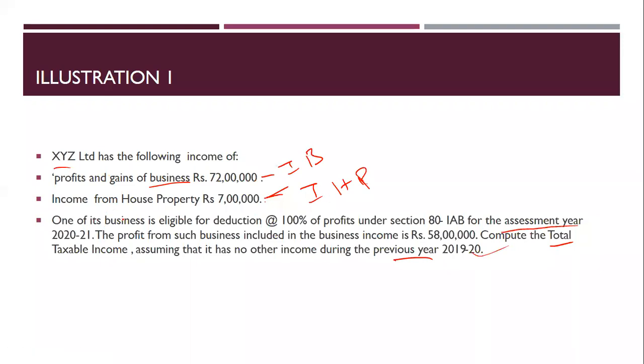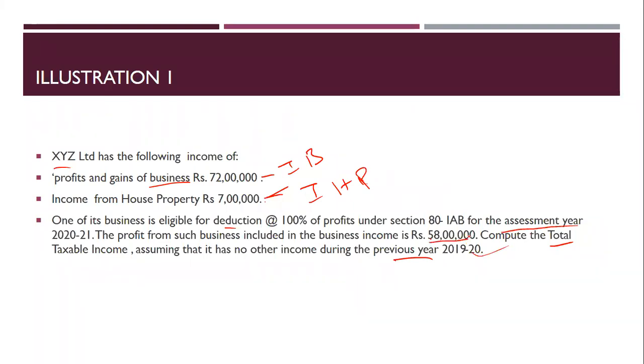Next is: one of its businesses is eligible for deduction. What is this? This applies only after the gross total income computation. What they are saying is that at 100% of profit under section 80-IAB for the assessment year 2021, the profit of such business included in the business income is rupees 58 lakhs.